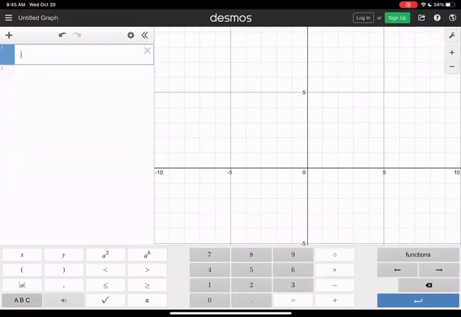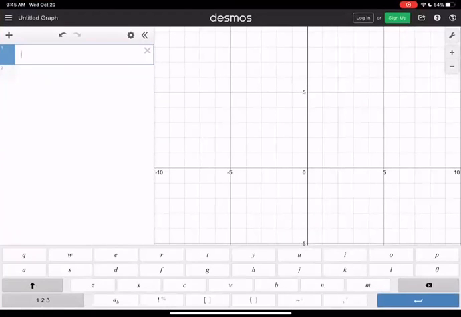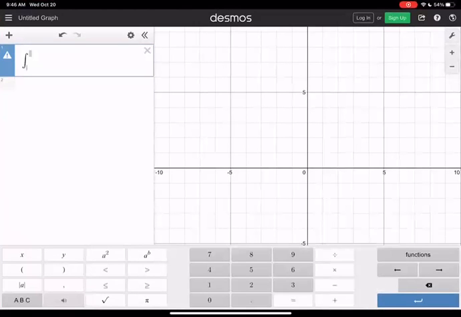If we go over here, lower left corner, and click on that ABC, we're going to get a keyboard here. I'm just going to start typing integral, INT, and right away, all I need is INT for a little integral symbol to come up. Now I'm going to go back to my number keypad, that lower left corner again, and put in the bounds of my integration. The lower bound is 2.